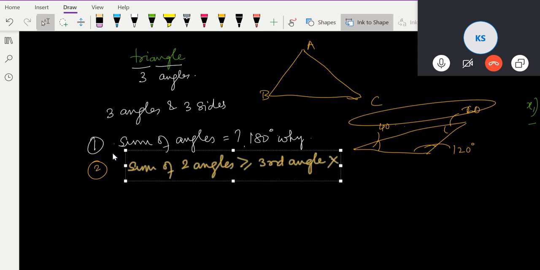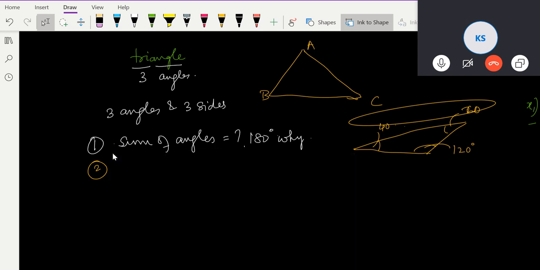I'll tell you what is true. The biggest angle plus any other angle is greater than the third angle. This is always true.